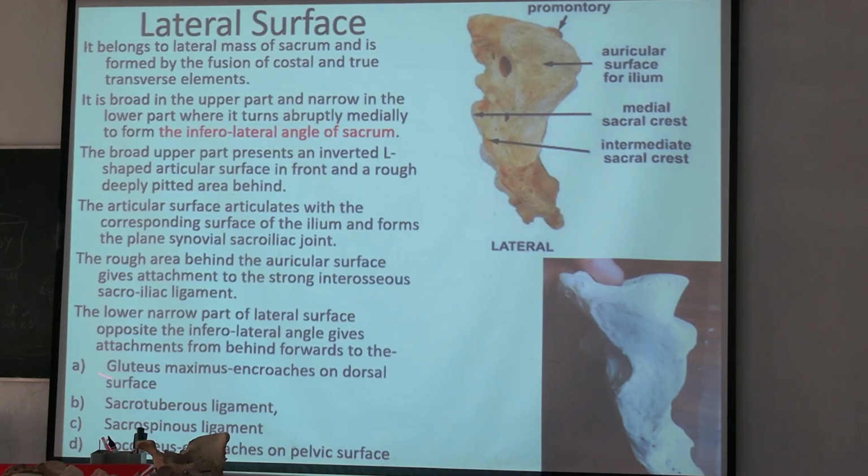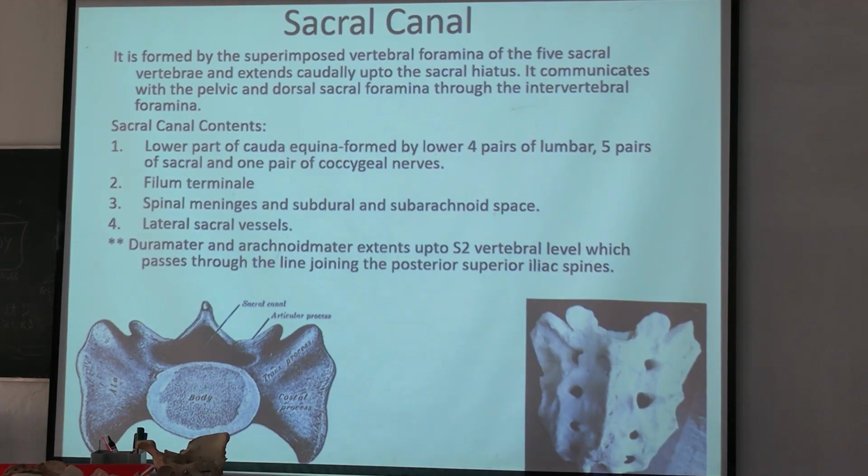Okay, from behind on the posterior surface, it gives attachment to gluteus maximus muscle, which encroaches on the dorsal surface, sacrotuberous ligament, sacrospinous ligament, and coccygeus muscle, which encroaches on the pelvic surface. So all four are attached to the inferolateral angle.